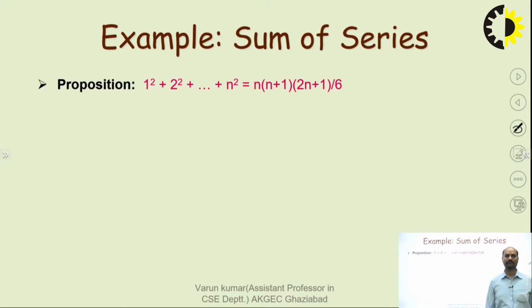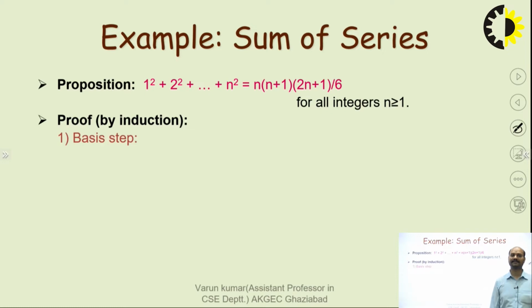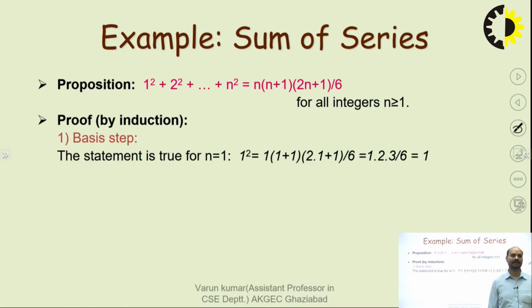Take one more example: 1² + 2² + ... + n² is equal to n(n+1)(2n+1)/6. So the very first step is the basic step. We substitute n equal to 1.